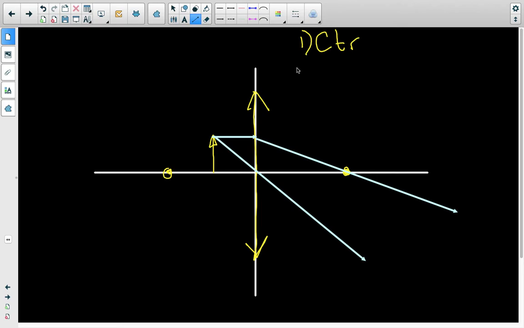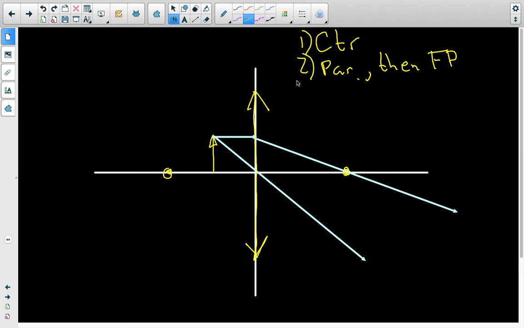So the first one was through the center, the second one parallel, then through the focal point. And it's a converging lens, so this parallel line would go down through there. You can see a problem. They don't come together.